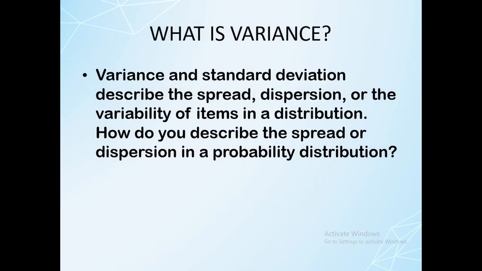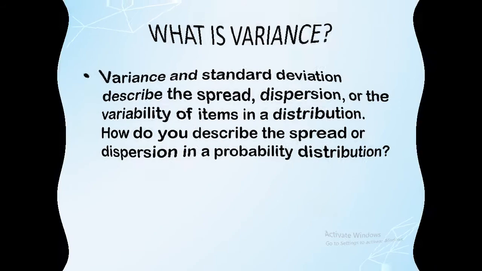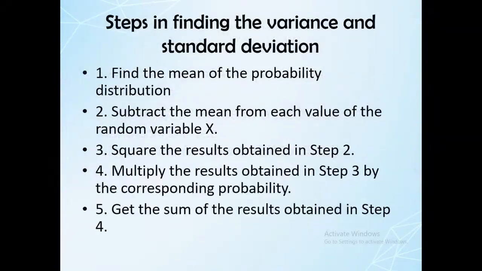What is variance? Variance and standard deviation describe the spread, dispersion, or the variability of items in a distribution. How do you describe the spread or dispersion in a probability distribution? Now, there are steps in finding the variance and standard deviation. Number 1. Find the mean of the probability distribution.